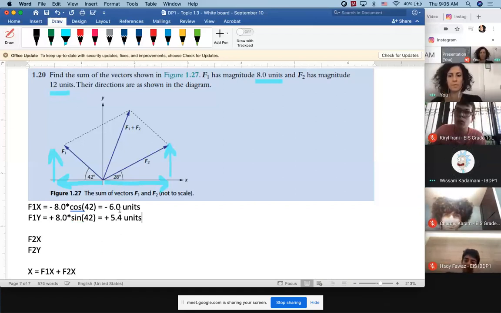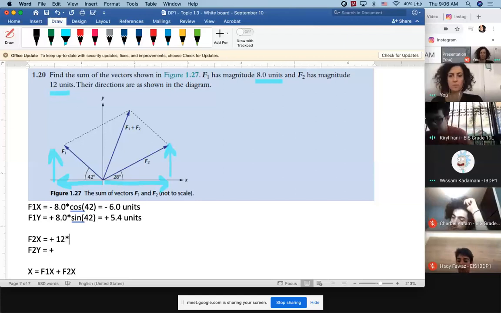Okay, I'm using two digits. Thank you so much, Kirill. Can you continue for this one? So I'm gonna say both are positive. We already drew them. F2, yeah. Yeah, 10.59.